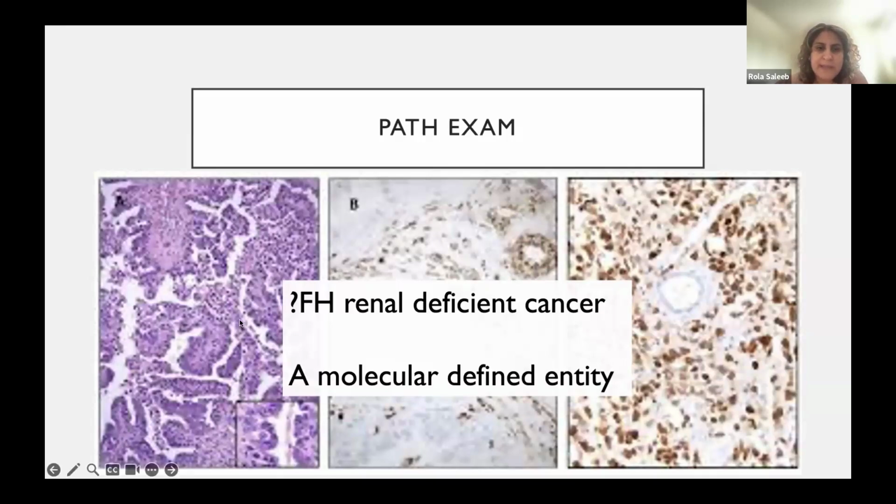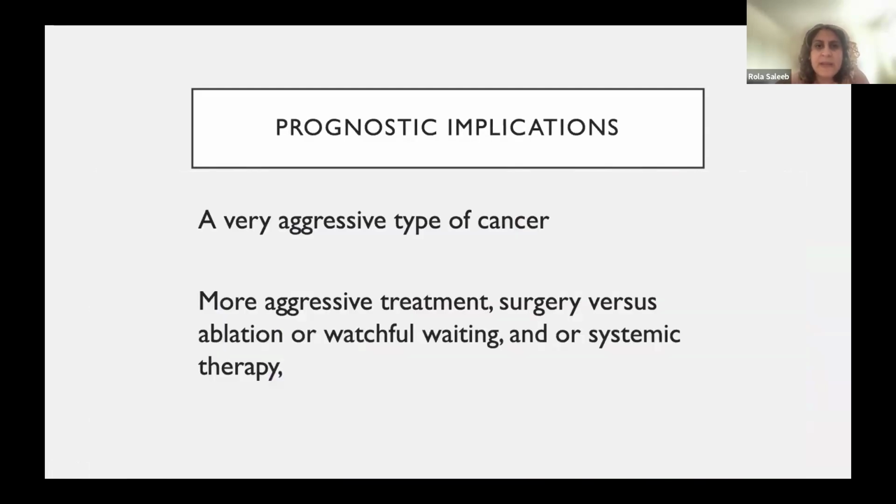And we suspected a certain cancer that is called FH deficient renal cancer. And this entity specifically is what we call a molecularly defined entity. We cannot really confirm the diagnosis unless we do molecular testing to confirm that this gene is actually mutated in the patient. What's the significance?